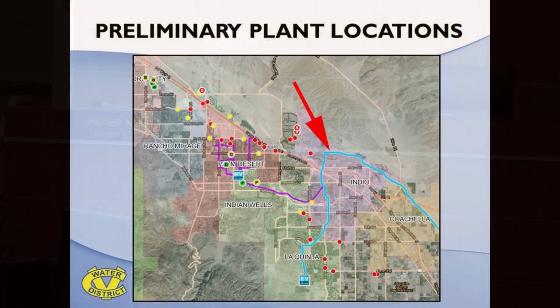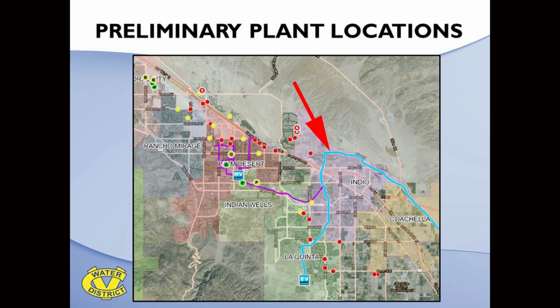But you can see this blue line here is the Coachella Canal. So it comes in nicely in the East Valley. This purple line here is our Mid-Valley pipeline that was built about 5 years ago. It takes canal water off the Coachella Canal and brings it over to the facility right behind us here.